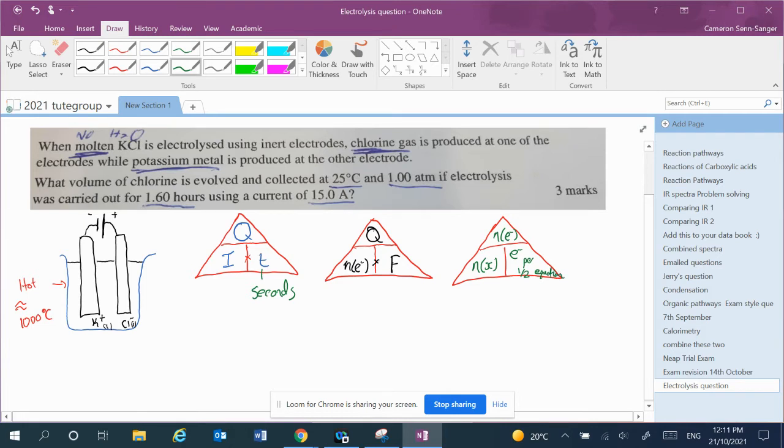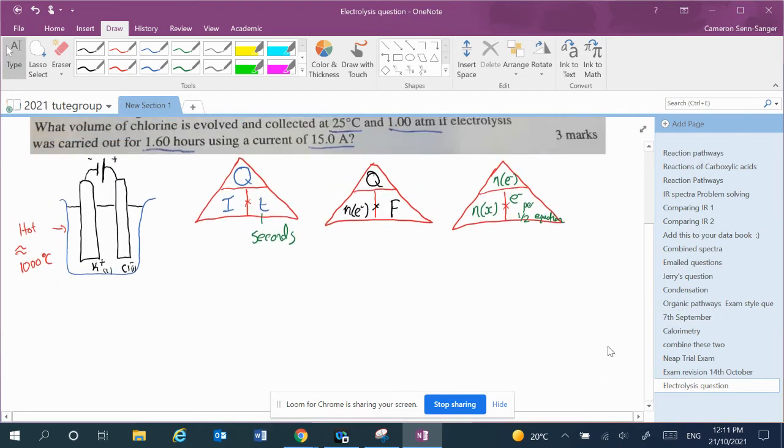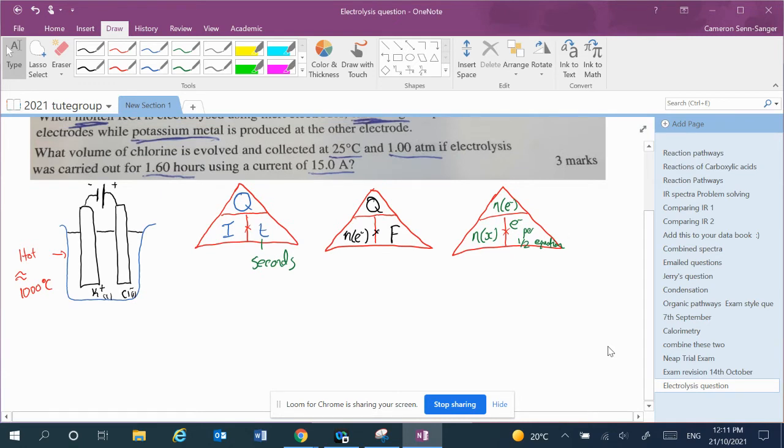All right, so there's our three. The candidate here has done something really clever. They've underlined all the key information already, and that's a skill that's really worth practicing as we start doing questions. Another thing that's probably useful is to work out the correct half equation, which we can find in the data book.